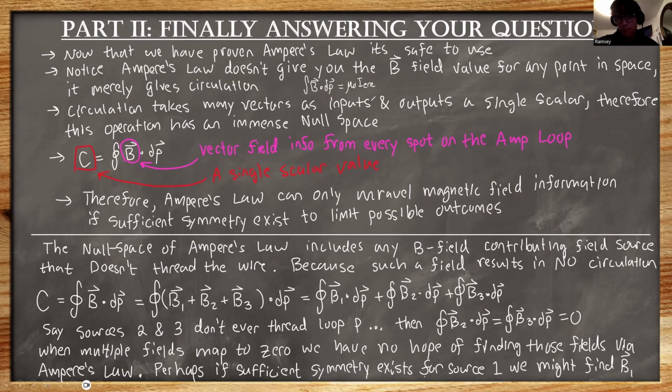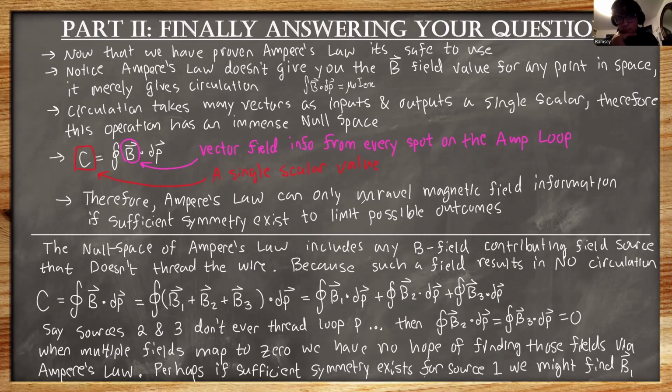So I want you to think about when you take this field information, this path information, and you calculate the circulation, you have taken an enormous amount of multi-componented information, a bunch of 3 vectors, infinitely many across the path representing the B field, and you've compressed all of that into a single scalar value. That is a ton of information loss.